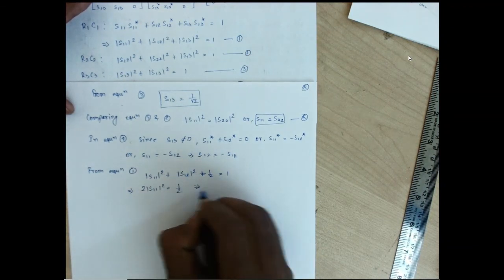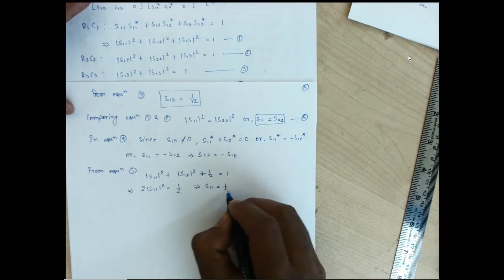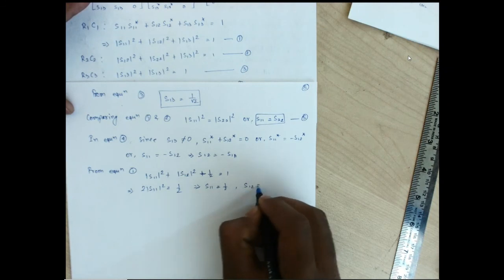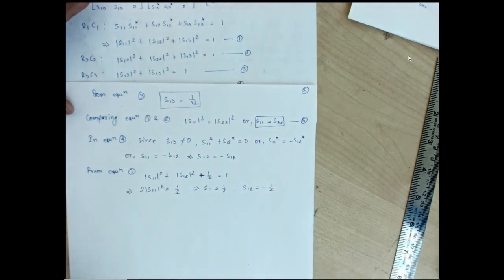So we can write S11 equals half, and S12 equals minus half, because S11 equals minus S12.